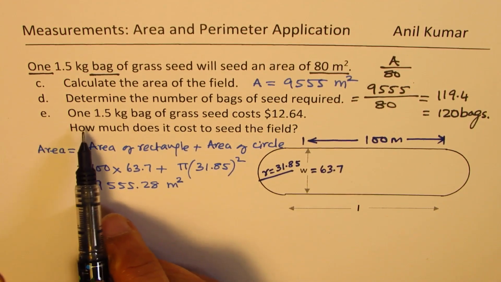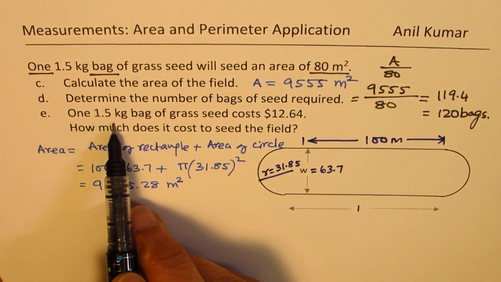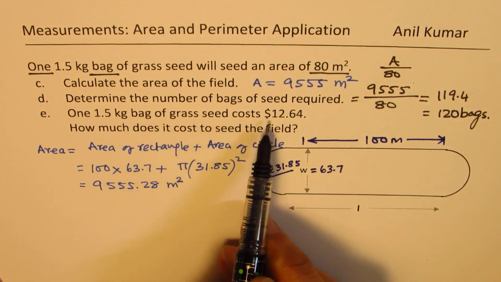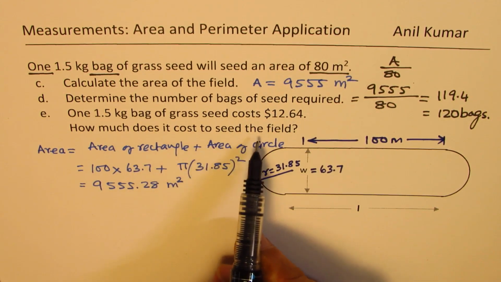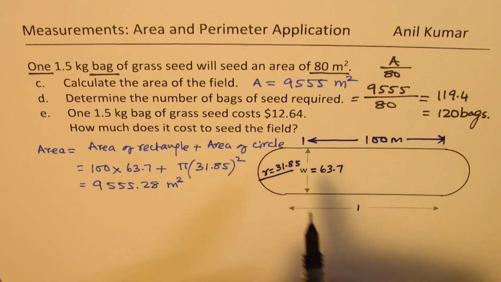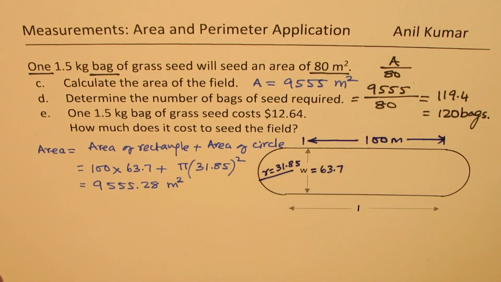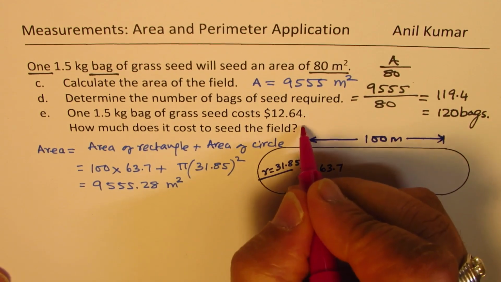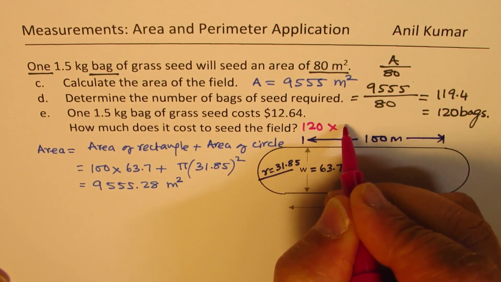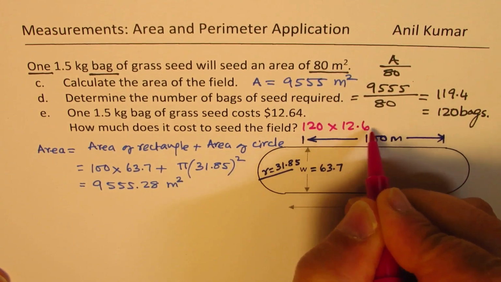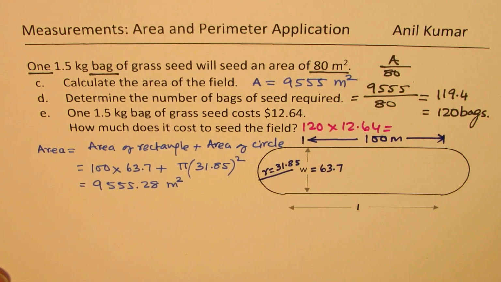Part E is a 1.5 kg bag of grass seed will cost $12.64. How much does it cost to seed the field? So we need to multiply now the number of bags with the cost of each bag. So we get this as 120 times 12.64, right? Let's figure this out.